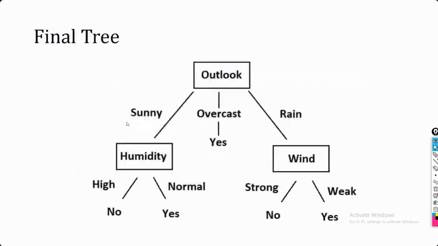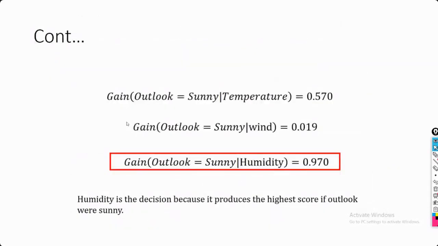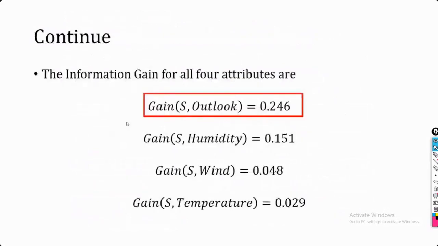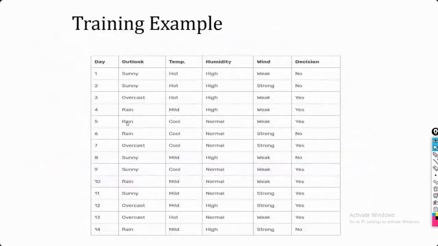So if we check for your outlook, sunny we are having how many times? Sunny is one, two, three, four, five. Five sunny we are having, and overcast is one, two, three, four.